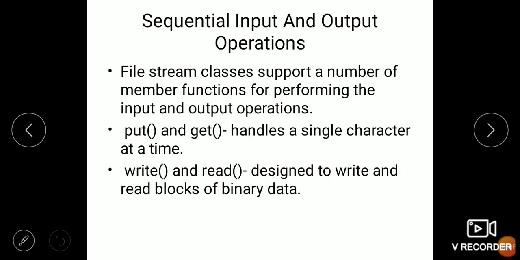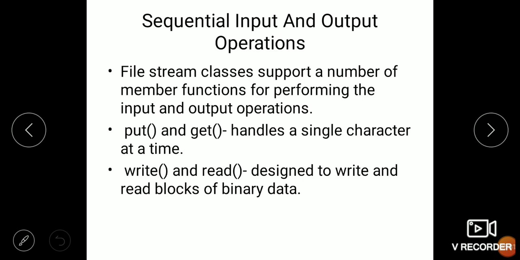Now the next thing, sequential input and output operations. Here onwards we will be using more functions for the input and output operations. The file stream classes in C++ support a number of member functions for performing input and output operations.